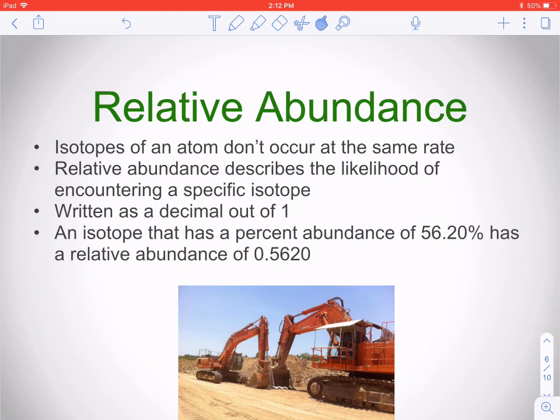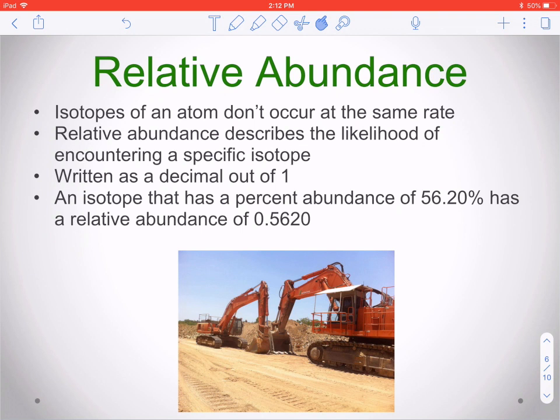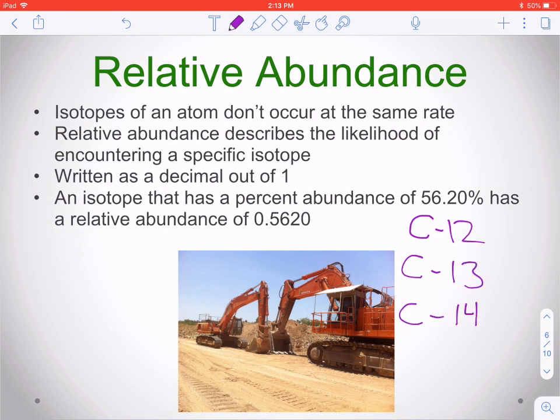The other thing we should be aware of is the abundance of different elements in the earth. So if you take one of these giant shovels that you see on the bottom and you dig out some elements, you're going to see different elements, of course, but for a given element, let's say carbon, for instance, carbon has 3 isotopes, carbon-12, carbon-13, and carbon-14. And it's not that they all exist equally 33.33% of the time.